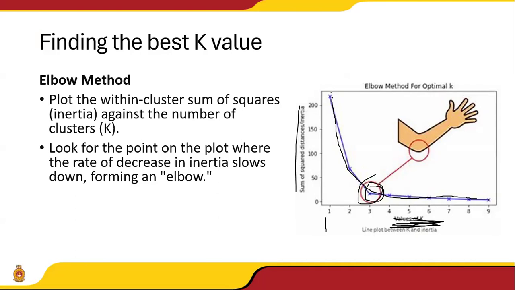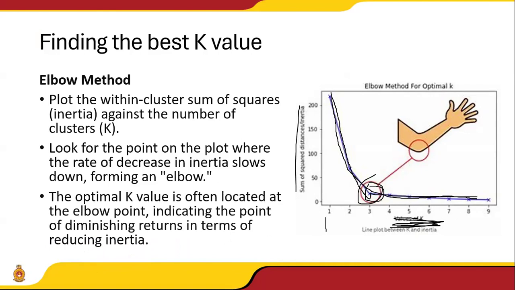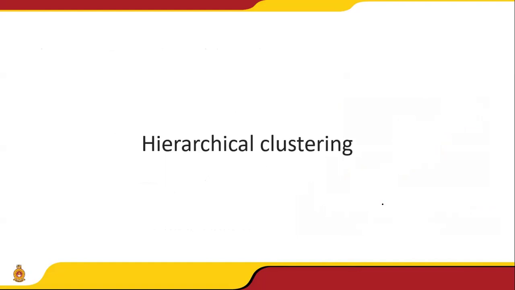Here you can see a nice curve, and all of a sudden it flattens. That's the point we have to understand, and we tell that 3 is the most optimal k for this scenario. You must understand, guys, how to interpret this kind of graph and tell what is the most optimal k for this kind of scenario.